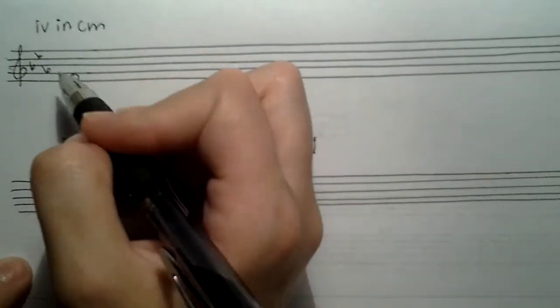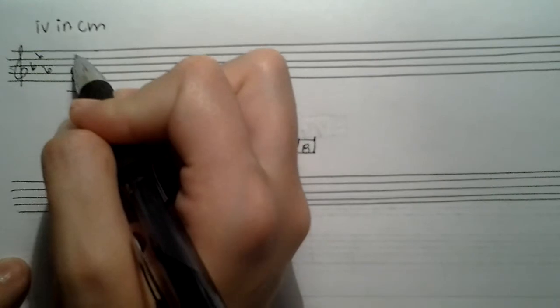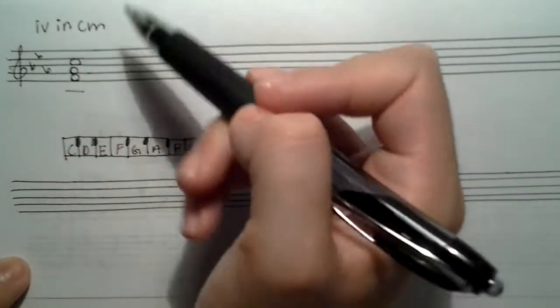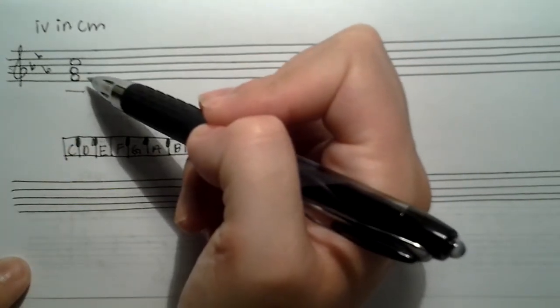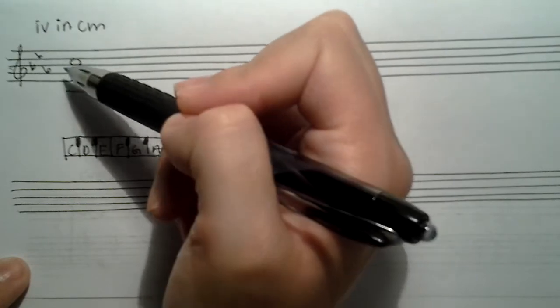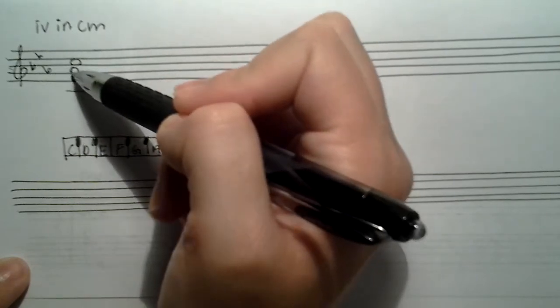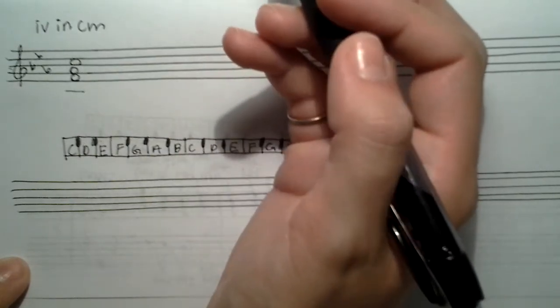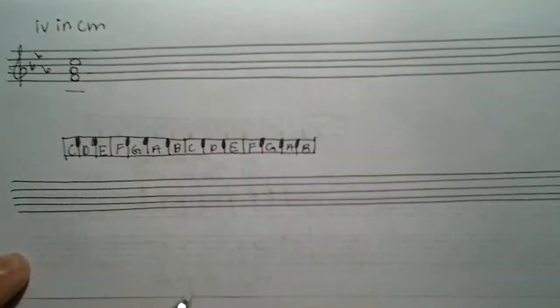Then all you have to do is build a snowman. So that means that your notes would be F, A flat because of the key signature, C. And that would be the answer. There's two different types of answers for this. There's one that asks you what the notes are in the chord, and then there's one that asks you what the chord is.